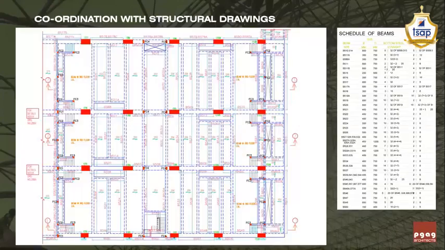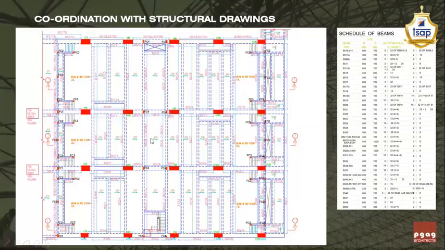Now going ahead with the coordination with structural drawings. I don't know whether it is part of your curriculum or not, but I would like to explain this particular drawing in detail. When you study the structural drawings, you first get the plan of the structural beams, where you can see all the beam nomenclature marked on the plan, and simultaneously you correlate that plan with the beam schedule.